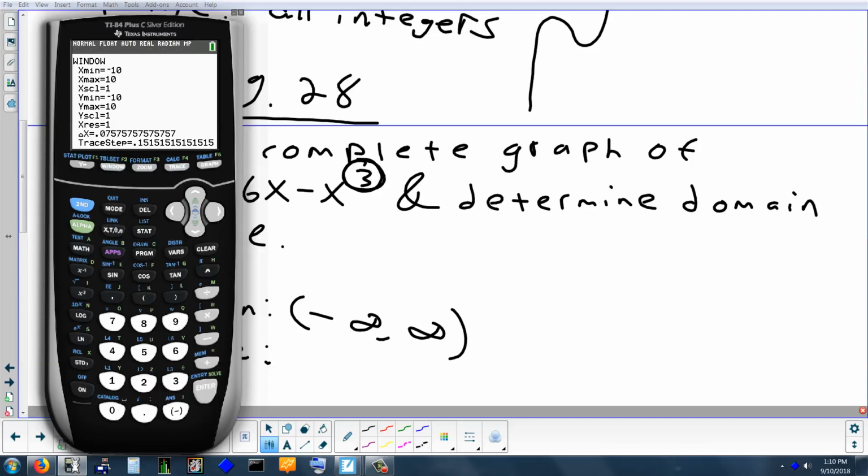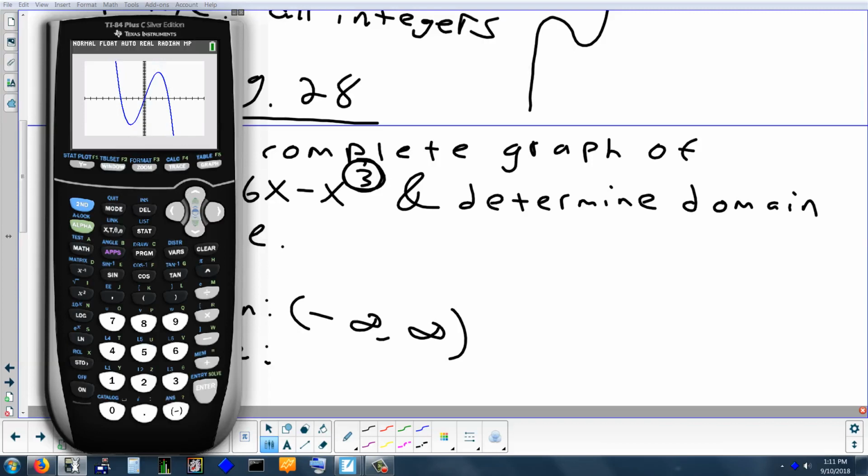Now, how much do I have to adjust it? I don't really know. Well, I do from the last class, but normally I wouldn't know. So I'm just going to guess the same thing I did in the last class, negative 35 to 35, and see how that looks. Looks good on the low end. Perfect. Okay, so now we can see the graph. We can see both the turns. This graph will never turn again. It's not like there's going to be another turn down here and back up. That exponent says that can't happen. It can only turn twice, and there's both.